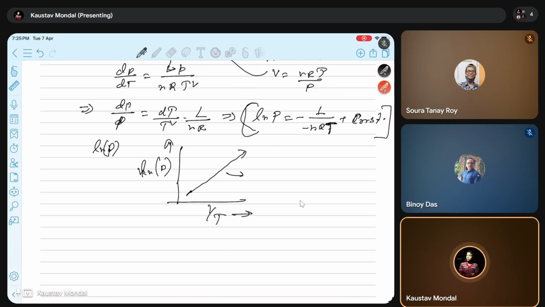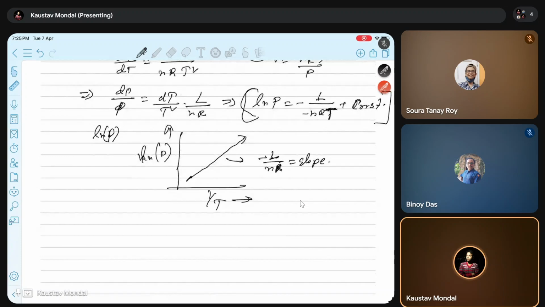And the slope of the linear curve will be minus L by nR. So if you calculate the slope of this curve, from that you can easily calculate the latent heat: L equals minus nR into the slope, right?